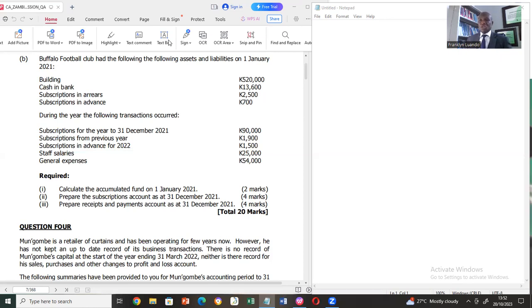Now, I want to explain the common terms used under not-for-profit-making organizations. Not-for-profit-making organizations use different terms as compared to profit-making.